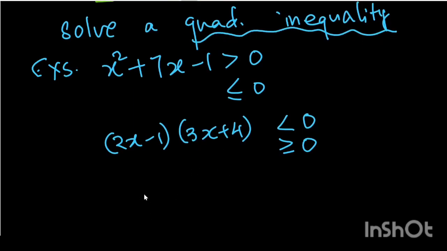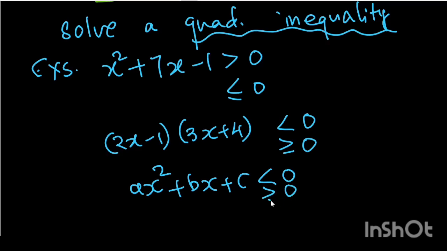On the left hand side, the quadratic expression is there. The generalized format of a quadratic inequality may look like this: ax square plus bx plus c greater than 0, less than 0, and so on, greater than equal to 0. So we are interested in solving a quadratic inequality. We will do it by two methods.